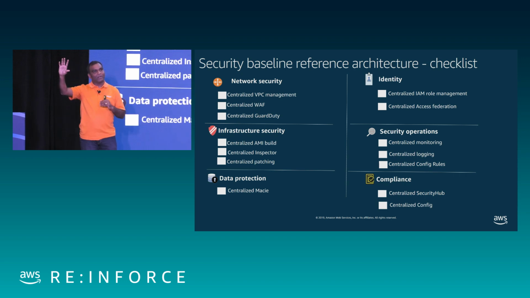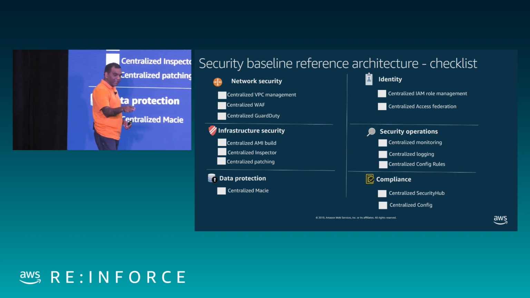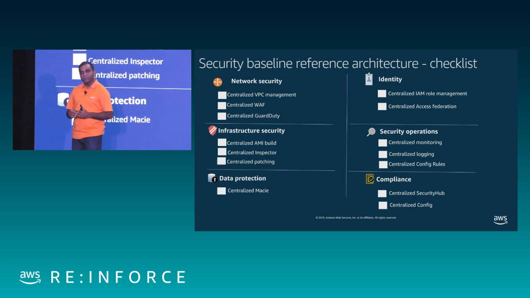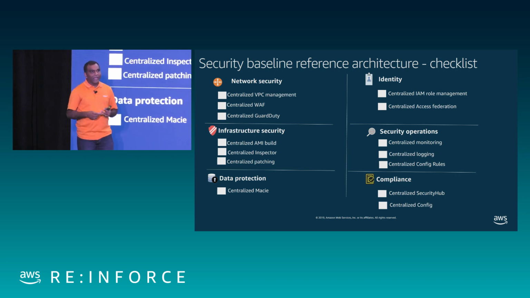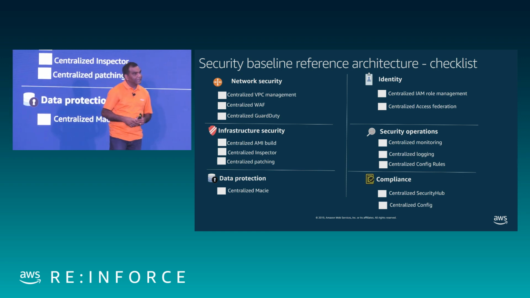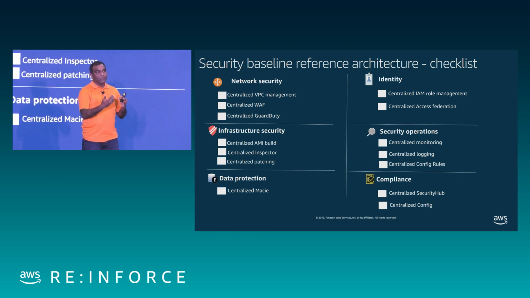So you make one account the master, and you turn on GuardDuty across all your other accounts from one place. Same thing for the other areas too. For infrastructure, it all starts from the AMI. AMI, if you are not familiar, is the Amazon Machine Image. It is the source for all your virtual servers that you are launching within AWS, like EC2s, right?